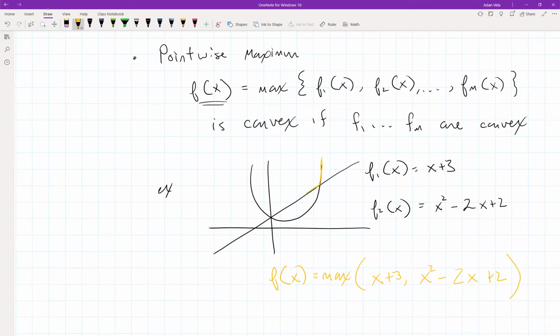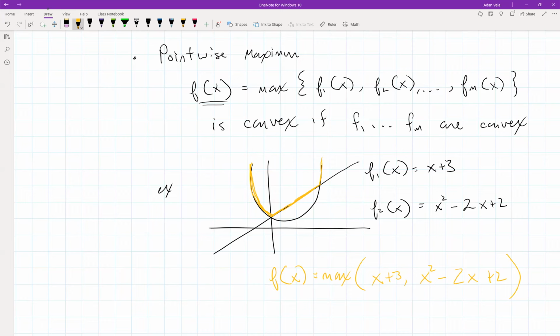Then that corresponds to the yellow line that I'm drawing here. And that yellow line is convex, right? That function f of x, where we're taking the maximum between multiple convex functions, is convex in itself.